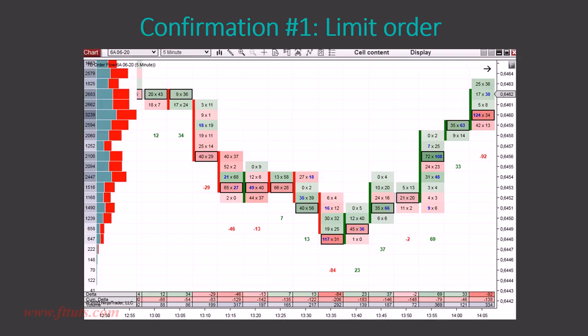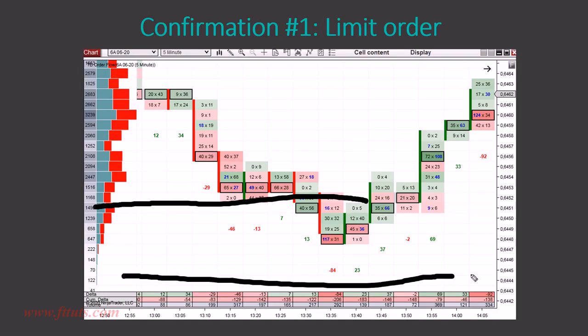Now another example, this is also the Australian dollar futures 5-minute chart. Let's say that this area is a support which you found, for example, using volume profile, and from this area you want to go long, if there is a confirmation, that is.